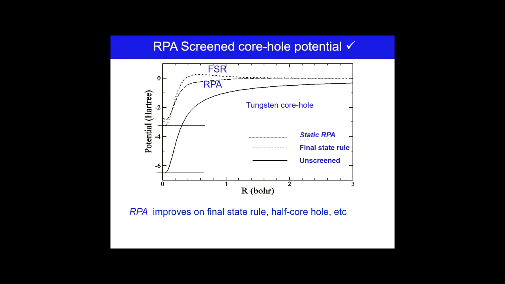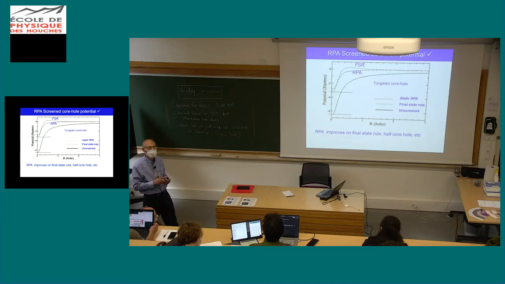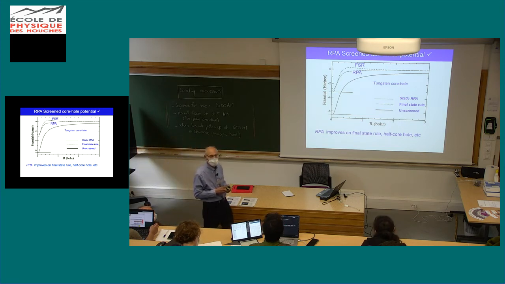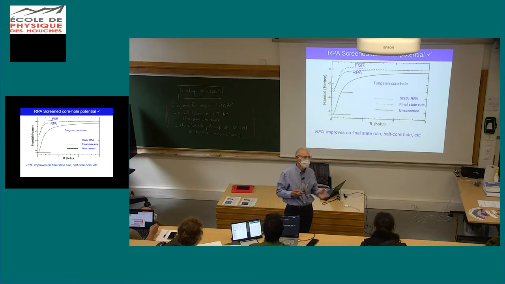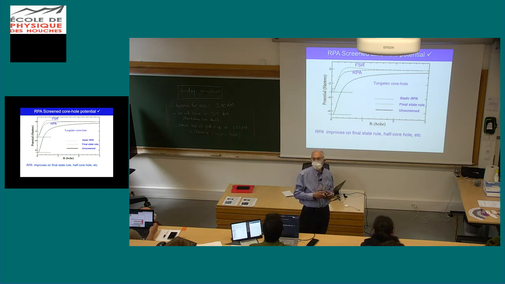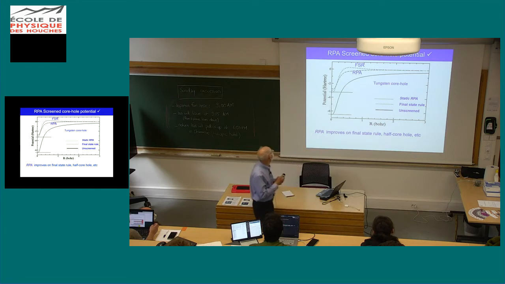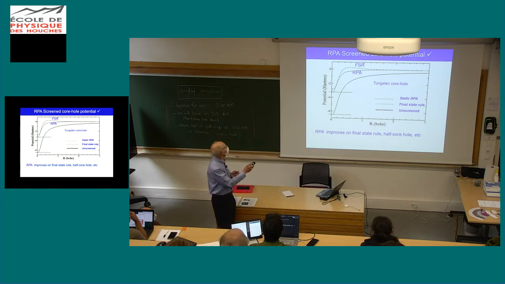Okay, so first of all, the core hole. We used to use DFT screened core holes. You just put a bare core hole in, and let the electrons do what they want with DFT screening. And that gives you this so-called final state rule screening. On the other hand, if you just do linear response, RPA screening, you get a curve that is very similar to that, but it's probably better.